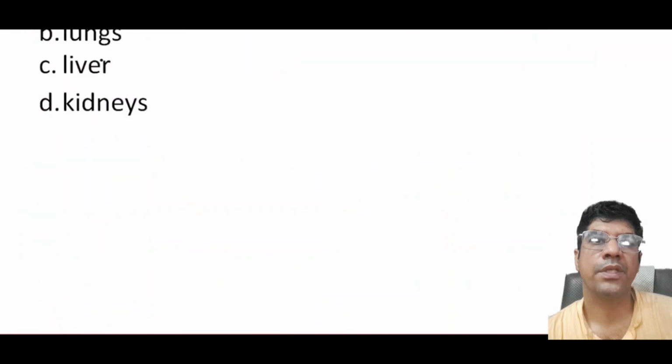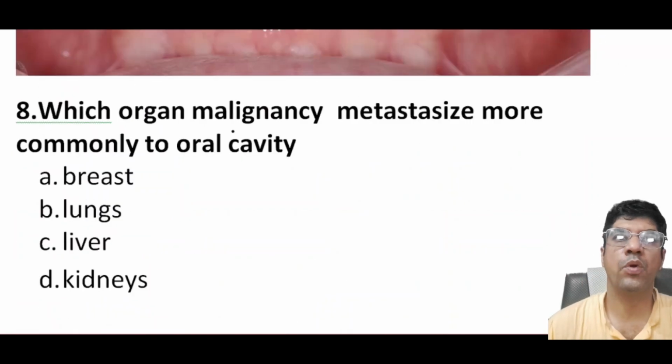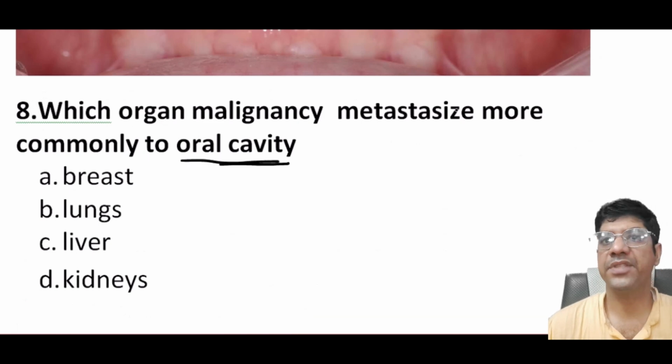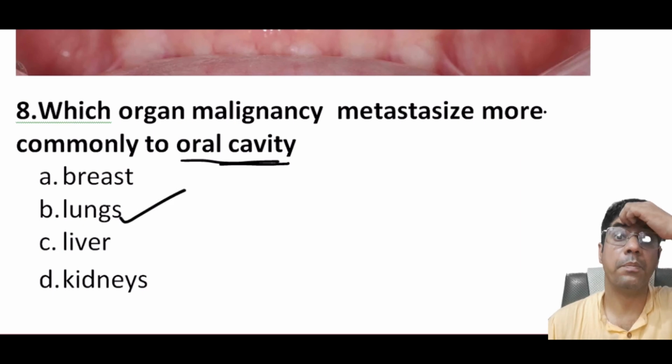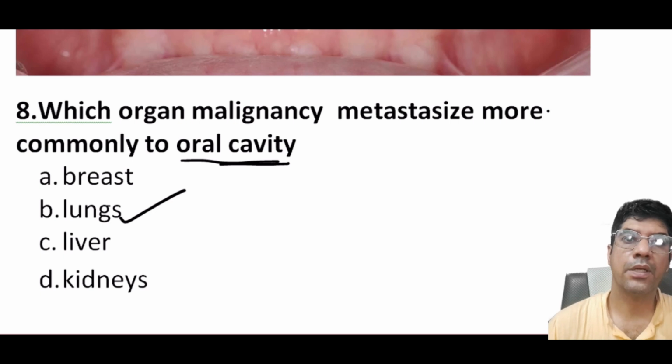Coming to the next question, which organ malignancy metastasizes more commonly to the oral cavity? Well, metastasis in the oral cavity can originate from various primary cancers, with the most common being the lungs. So why does the metastasis occur in the oral region, and what are the factors that contribute to it?